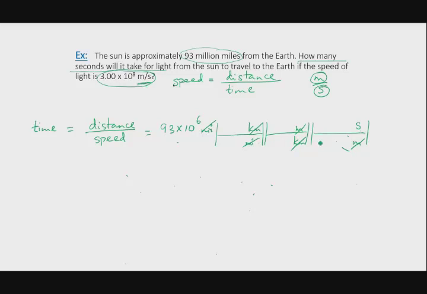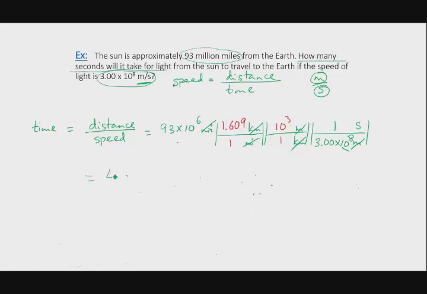The speed given is 3.00 times 10 raised to 8 meters per second, for every 1 second. Okay, let's fill in the numbers for the conversion factor. We know 1 mile equals 1.609 kilometers. We also know 1 kilometer equals 1,000 meters. Please go ahead and pause the recording in order to calculate this.